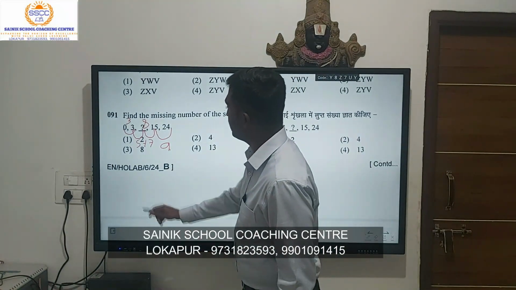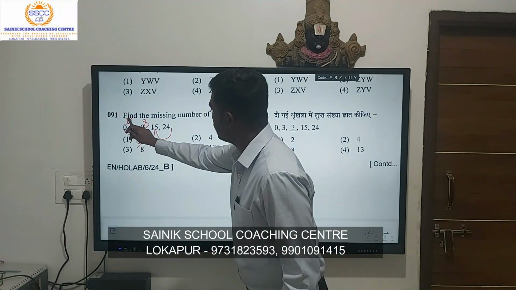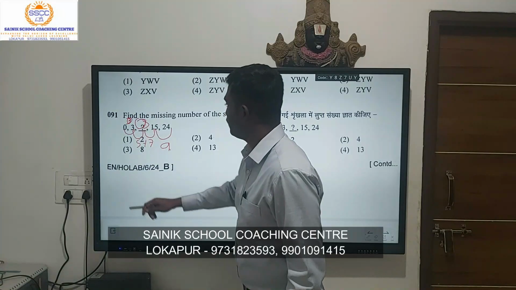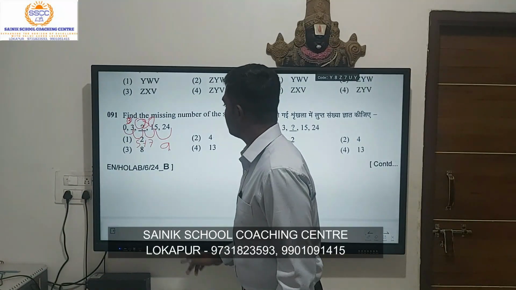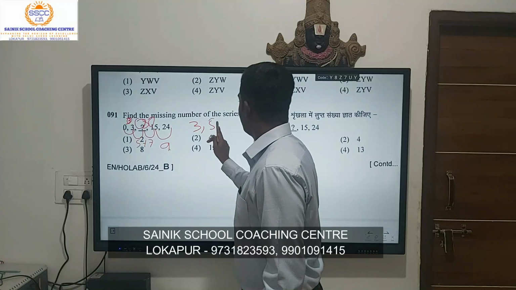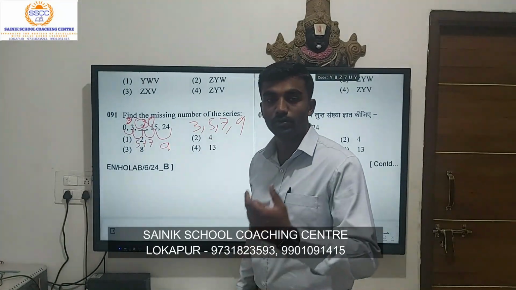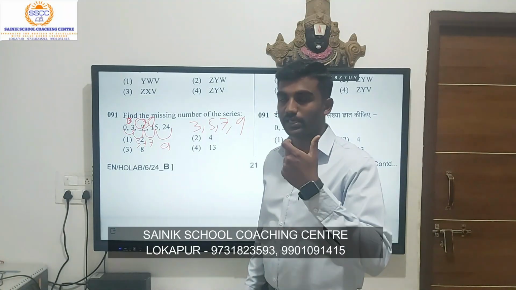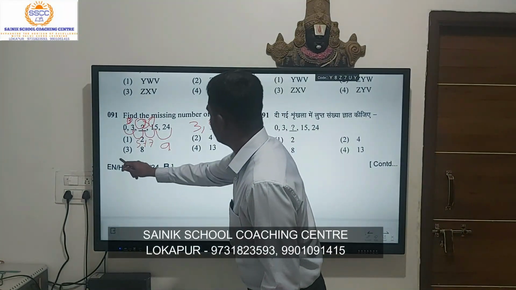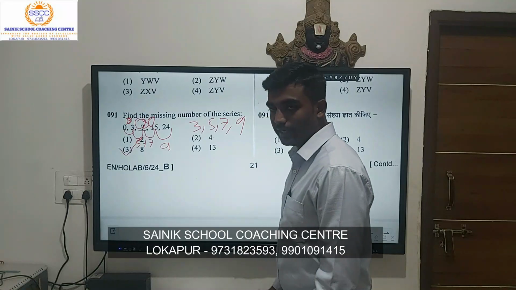If we cross check, here there is a difference of 3, here 5, here 7. 3, 5, 7 and 9 are the differences, which have a uniform increase in the series. That is option A, option 3.